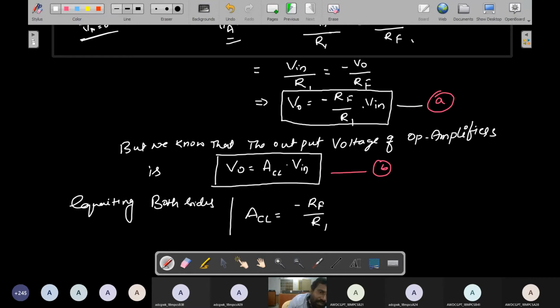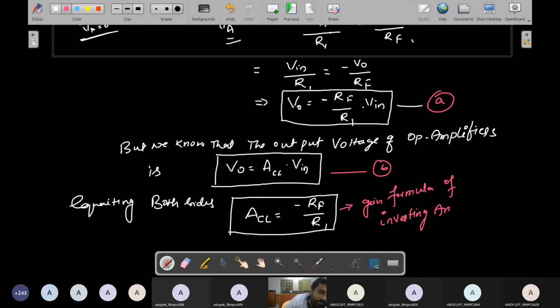So this is the gain formula of the inverting amplifier. Understand? Everybody understand? It is very easy.